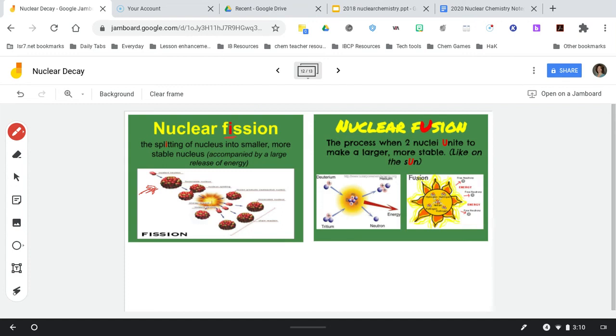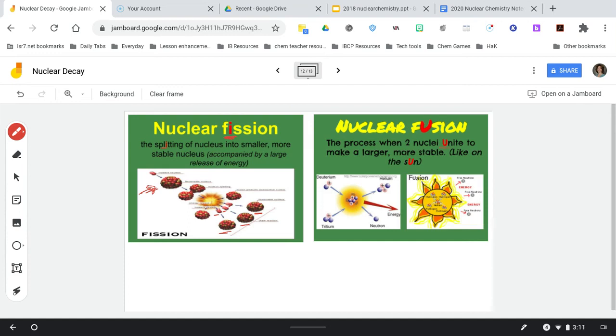And when it splits, I get two smaller nuclei, and then I get some additional neutrons that get kicked out. And those neutrons go on and crash into another unstable nucleus. And each one of those unstable nuclei is going to split just like the one we started with, and they eject 3 more neutrons. And when that continues to happen, we call that a chain reaction. And that's what detonated some of those early atomic bombs.